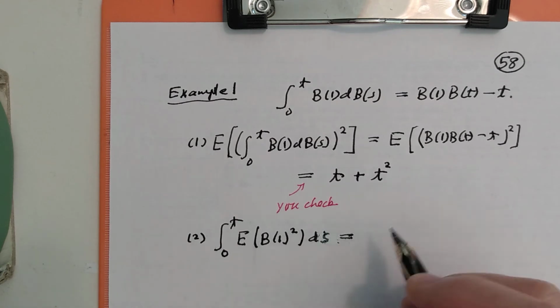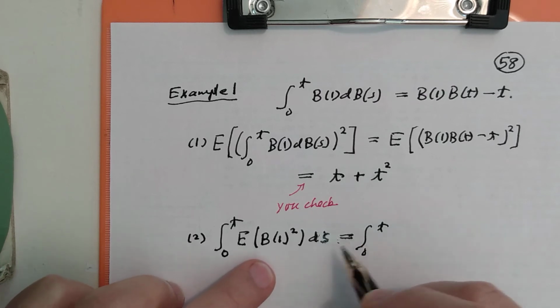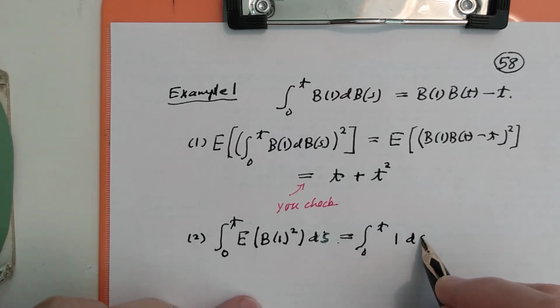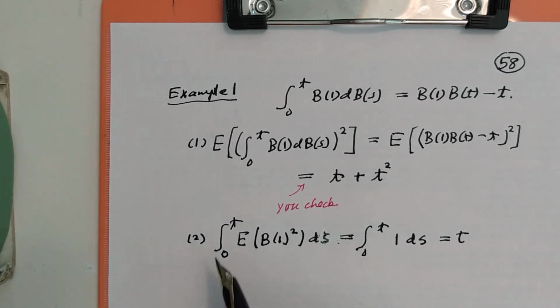It's very easy to see the expectation of B_1 squared is 1, so integrating ds this equals t. So 2 is much easier to get than 1.